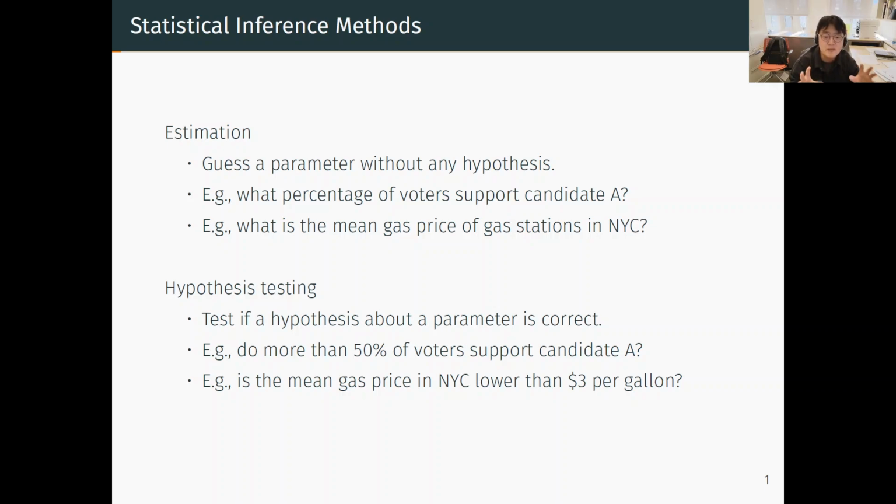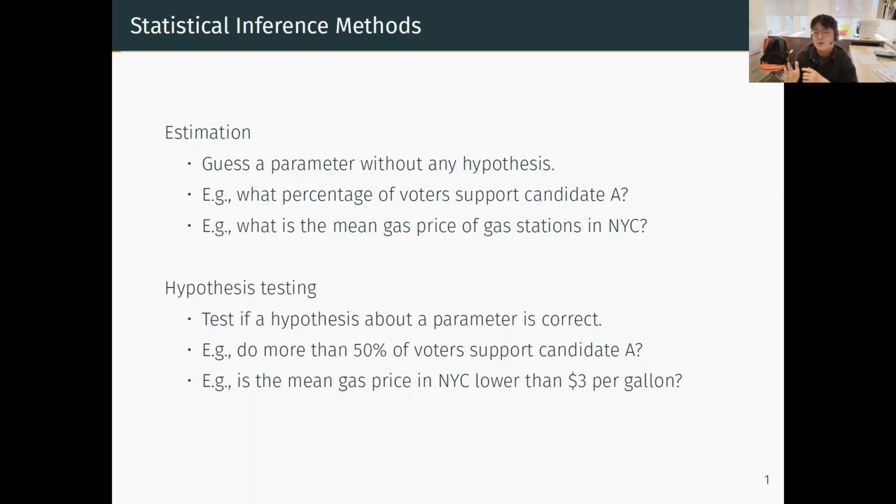They are the two major statistical inference methods. But I already mentioned it in chapter 8. The estimation is an open question, what is something? But hypothesis testing is a yes or no question, like is it true or not? So that's the main difference.